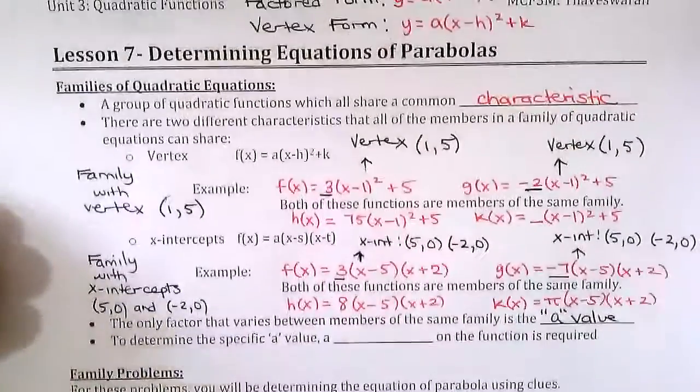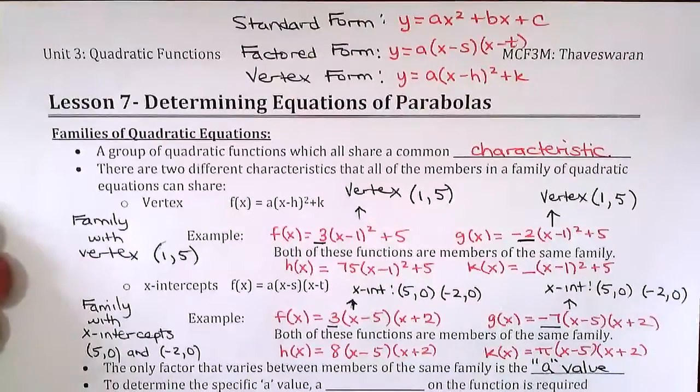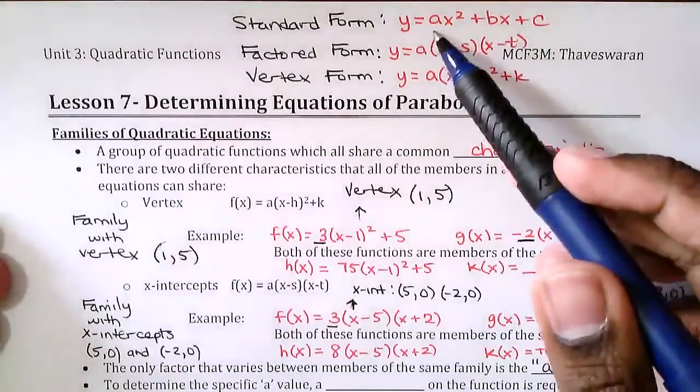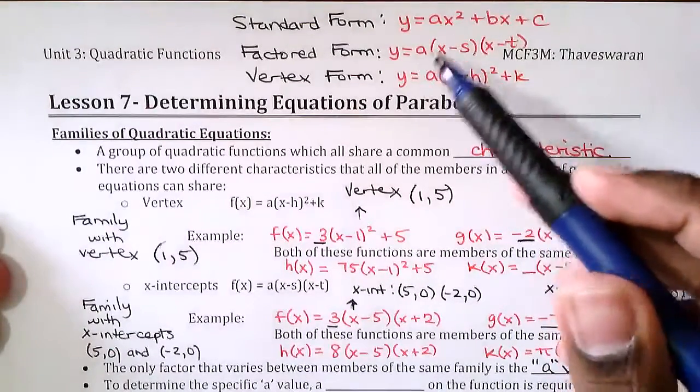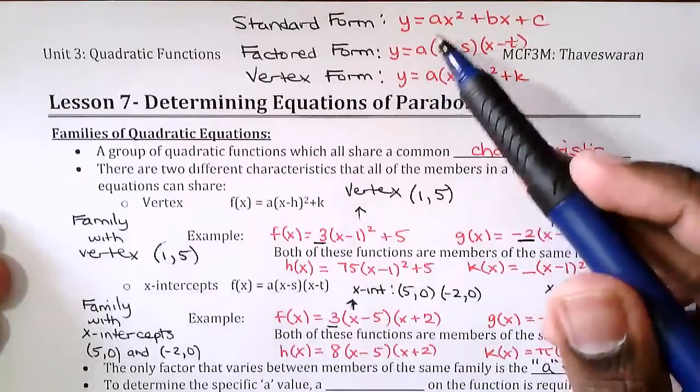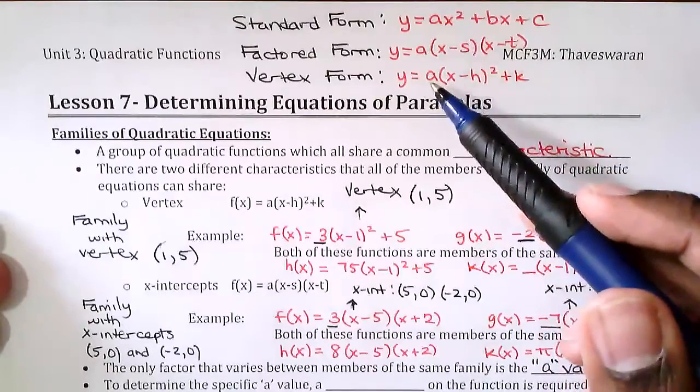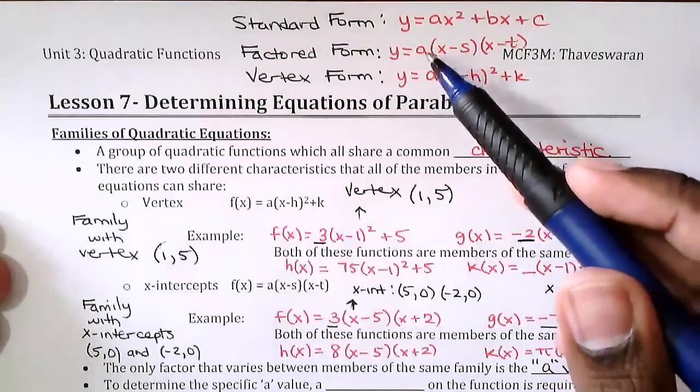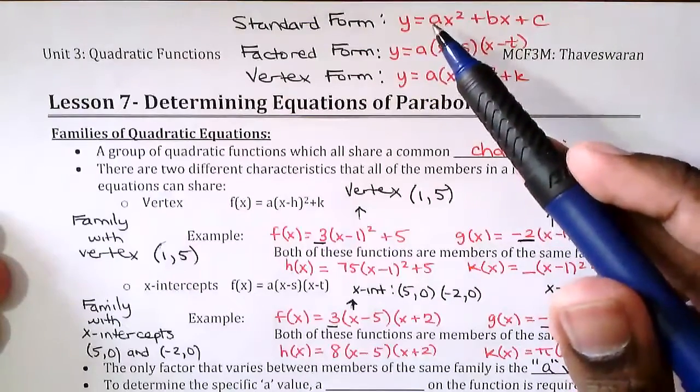So remember, if you take a look at the 3 forms here, you'll notice that the a appears at the beginning of each of the forms of the quadratic equation, and those will always be the same. The a value here is the same as the a value here, which is the same as the a value there.